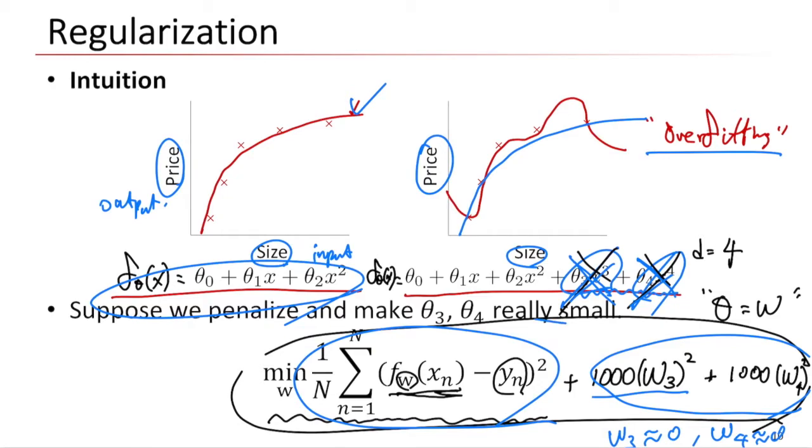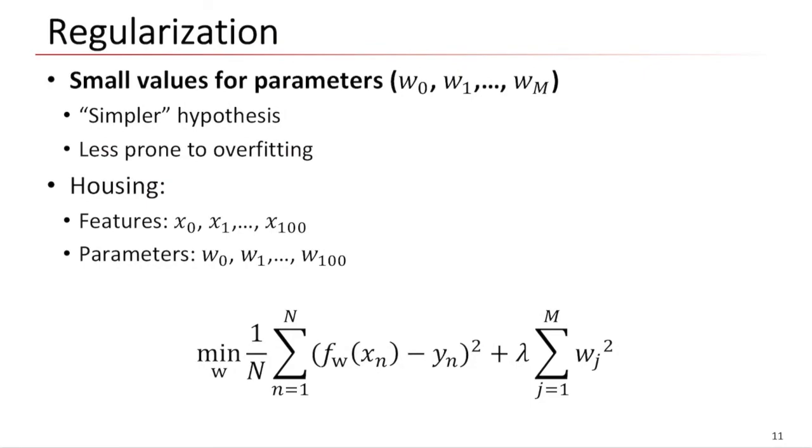Then by using this kind of function, we can estimate a new mapping function simpler than this one, even though we still use a higher order polynomial function. Okay, so this is the idea of regularization.